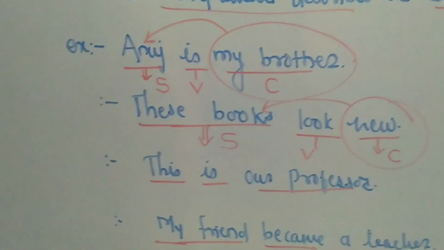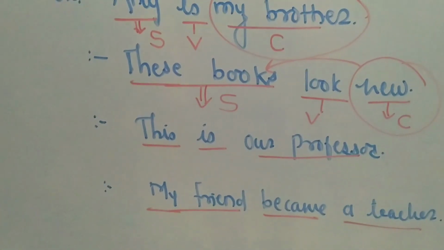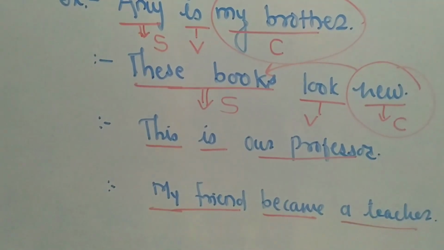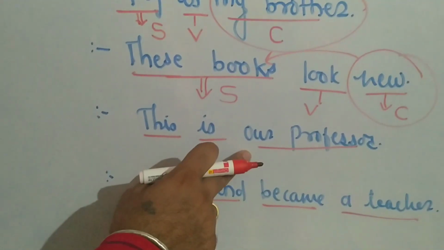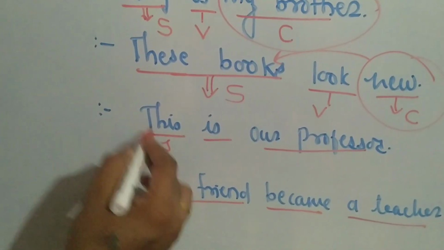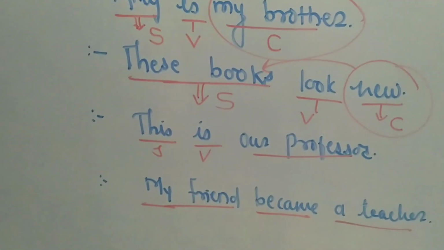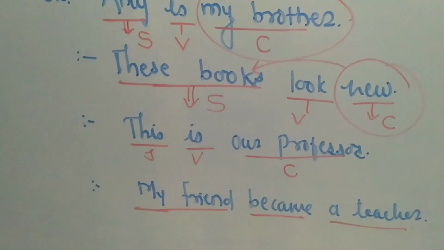These books are. So the word new describes this book, means the subject. Now the third example is this is our professor. So this is the subject, is is the verb, our professor is the complement.